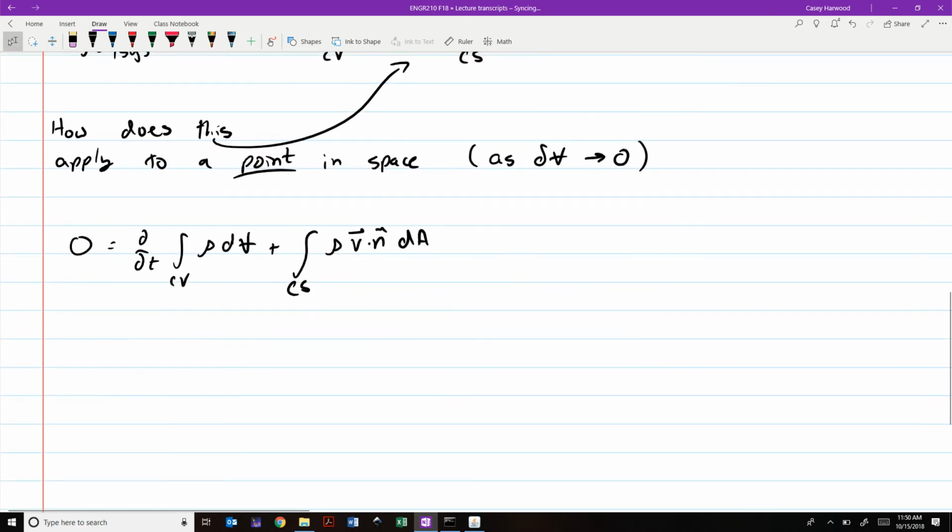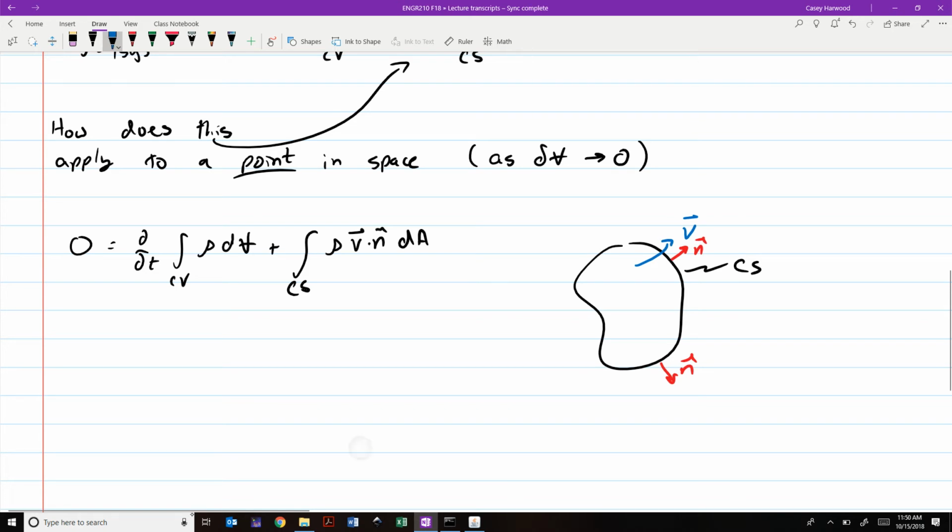So what I mean by that is, if this is our control surface, we've got our volume and our normal vector, which points out of the control surface everywhere.